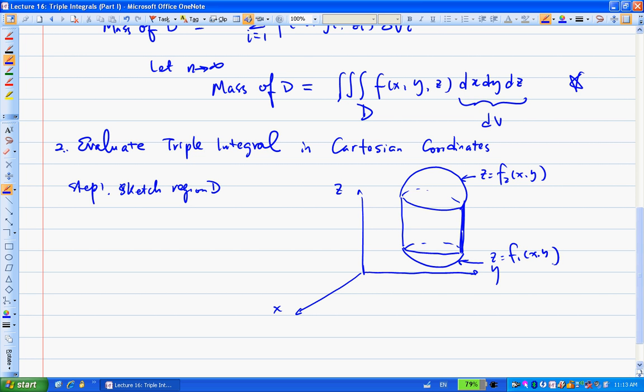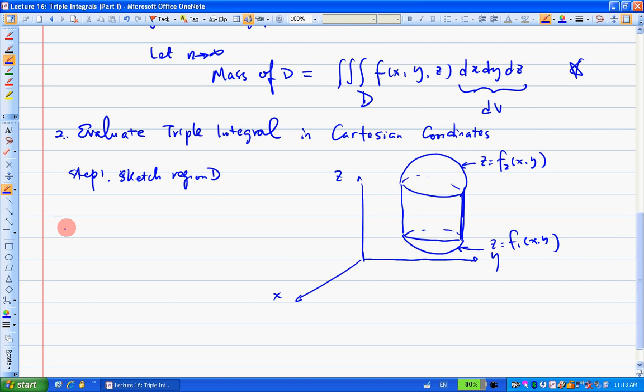So that's the top surface and the bottom surface. You're probably given two surfaces, and the region D is what's bounded by the two surfaces. Then you can sketch the two surfaces, and that'll be your region D.